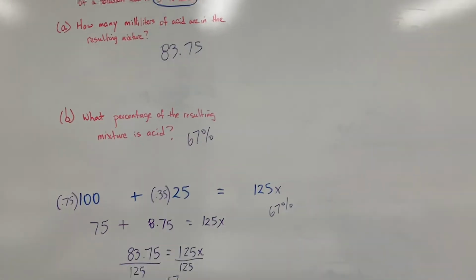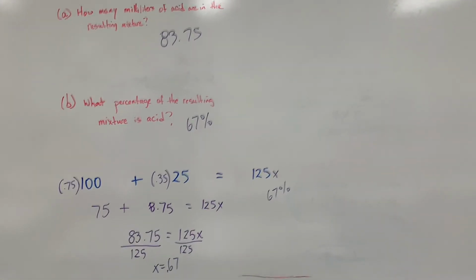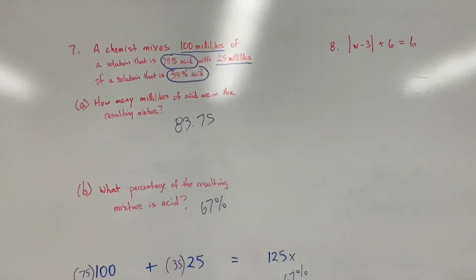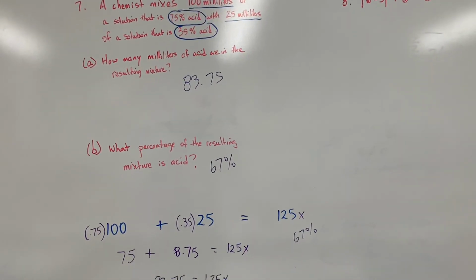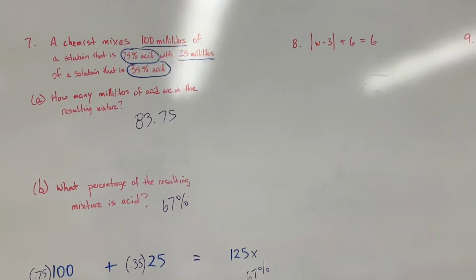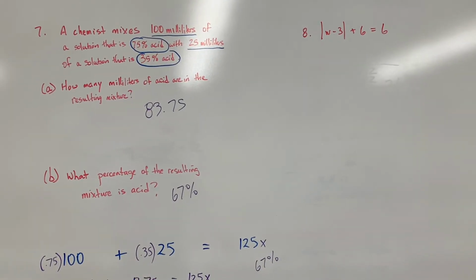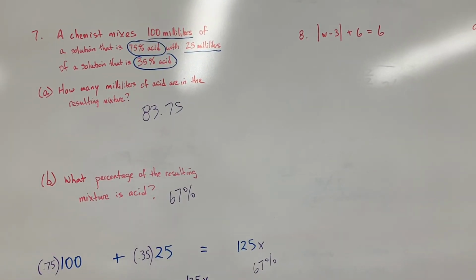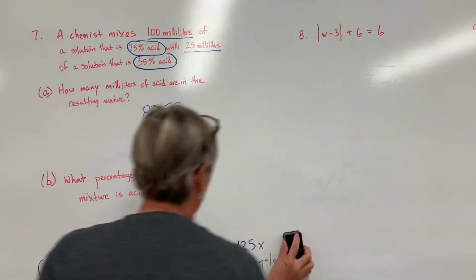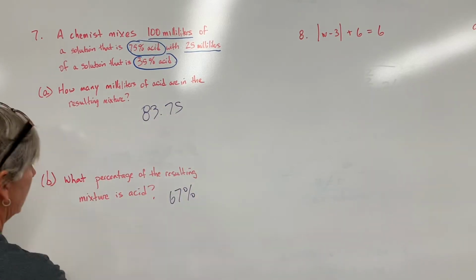Okay, so let's go to question number 8. This is an absolute value equation because it's got the absolute value symbols and an equal sign.